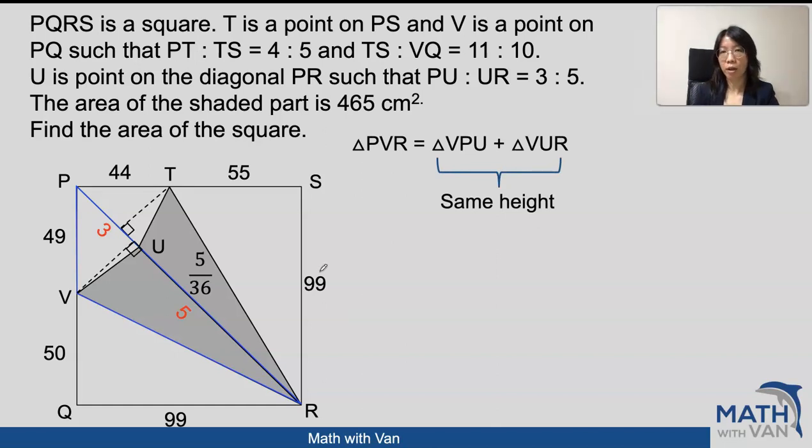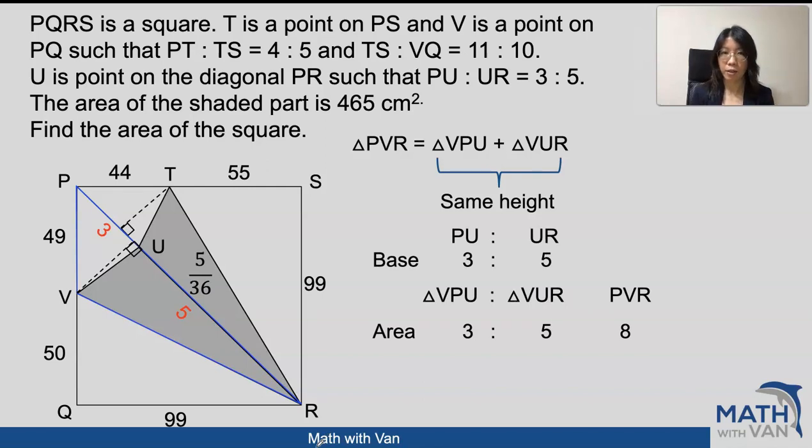Looking at this triangle, PVR is made up of PVU and VUR. And they have the same height because their bases are along the diagonal. And with that, again, the ratio of their bases is directly proportionate to the ratio of their areas. So now I can say that triangle VUR is actually 5 out of 8 of PVR.